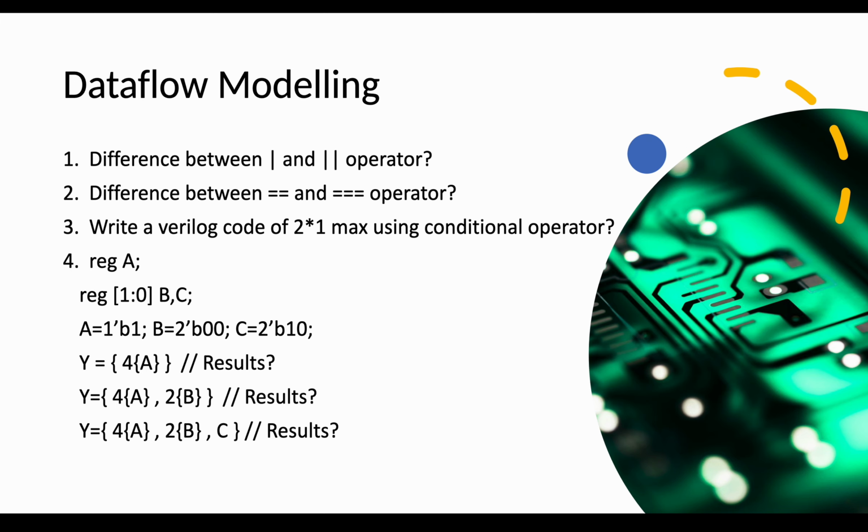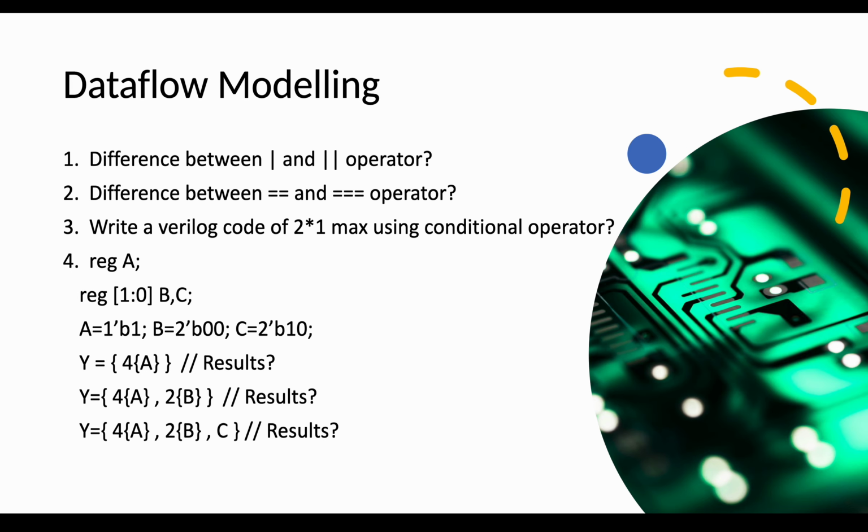Then the second question is difference between double equal and triple equal operator. Then third is write a Verilog code for 2 cross 1 mux, not max, sorry, using conditional operator. Then the fourth question is some values for A, B, C are given. We have to find the respective value for Y.